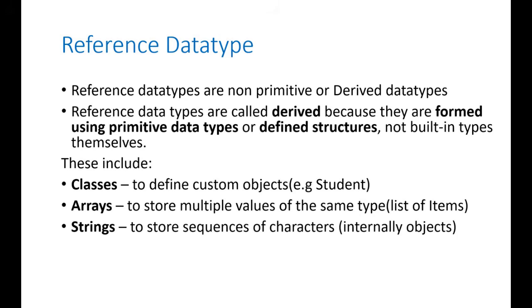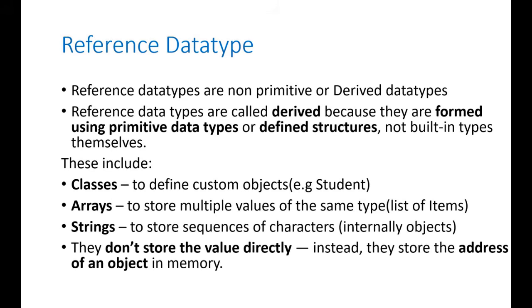Arrays are used to store multiple values like a list of items, and strings store a sequence of characters. A string is actually a defined structure, a class inside Java, used to store a group of characters together in a single variable.